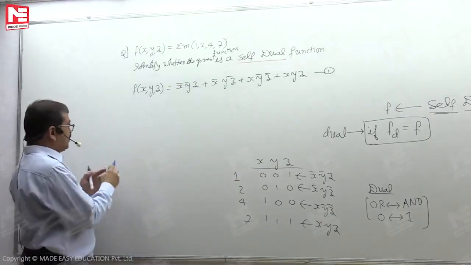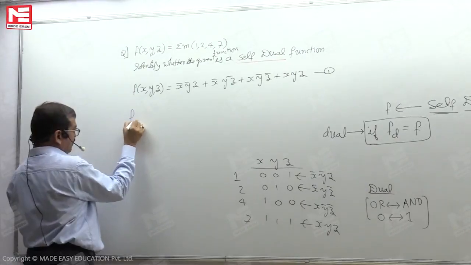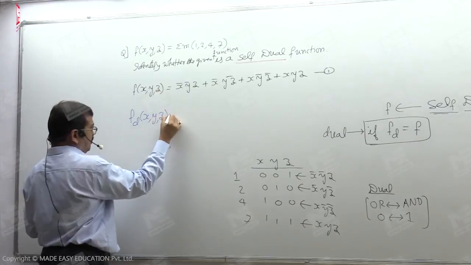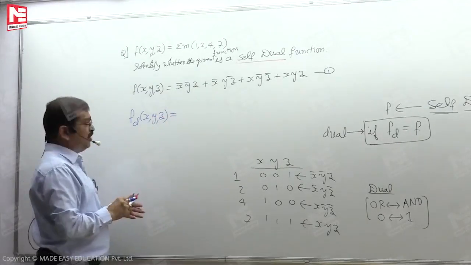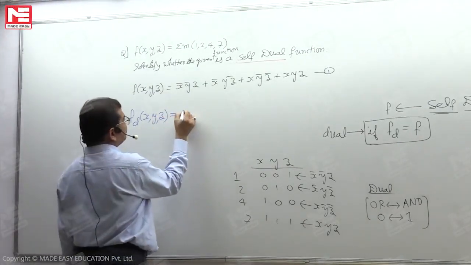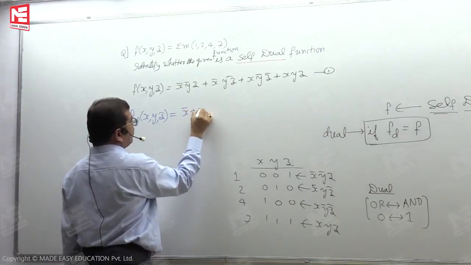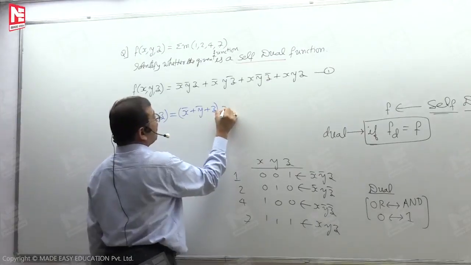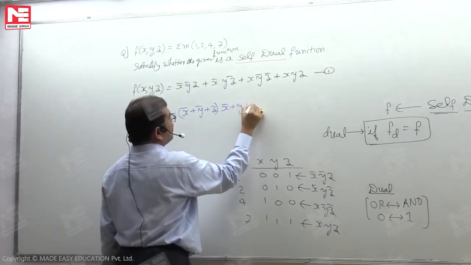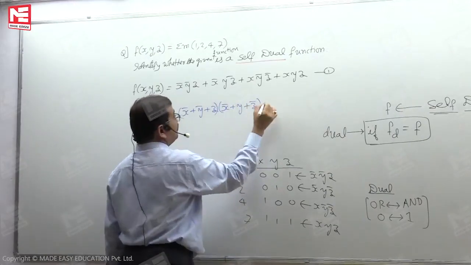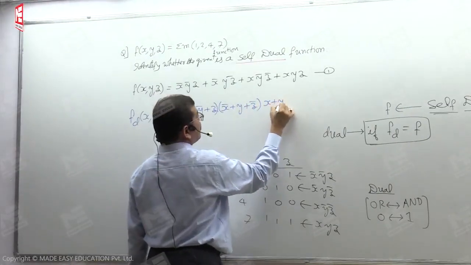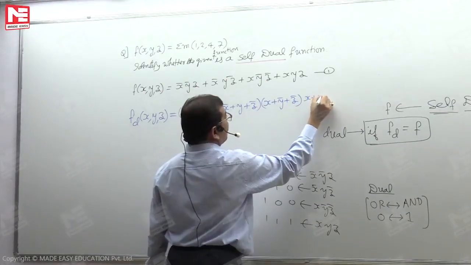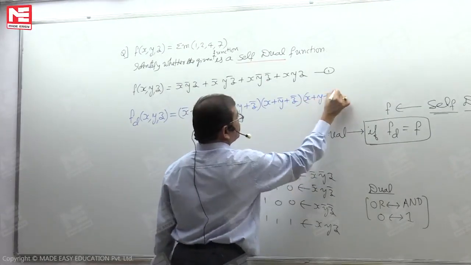If we try the real operation on this function, it must be fd of xyz. So fd of xyz will be x complement or y complement or z, and with x complement or y or z complement, and with x or y complement or z complement, and with x or y or z.